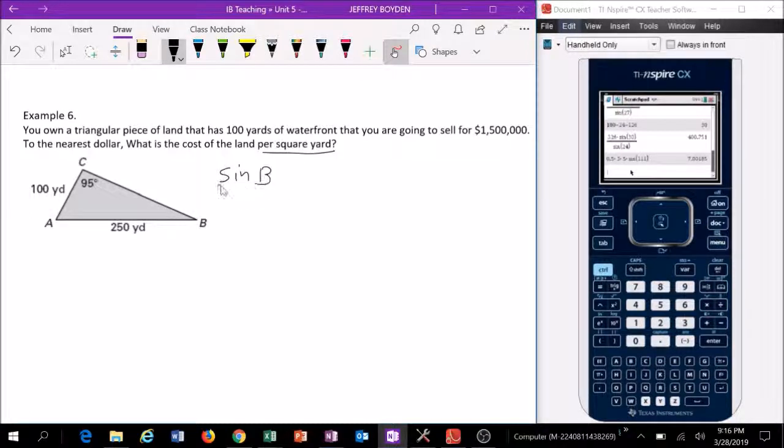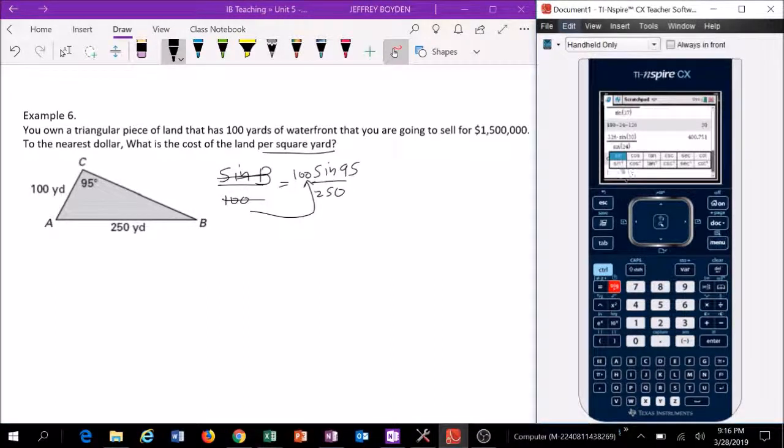Sine of angle B over 100 would be equal to sine of 95 over 250. I can multiply the 100 up, and the only thing you have to remember now, y'all, is that you need to type in sine inverse. Now, I don't actually write the math down when I do this.